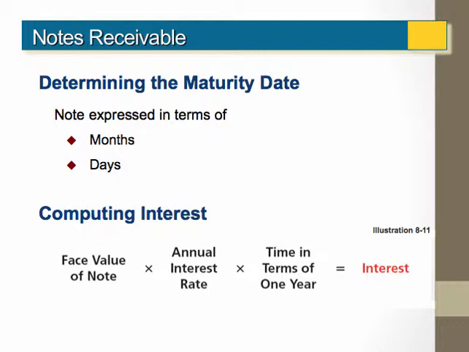If it's expressed in months, the time in terms of 1 year would be the months as the numerator divided by 12. Whereas if it's in days, the days would be the numerator divided by 360. Note, we're using 360 days for a year, not 365 days.